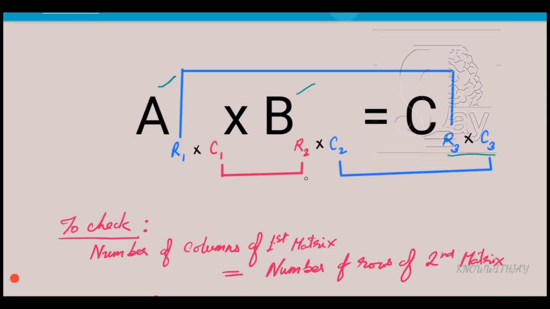In some cases they give you matrix B and matrix C and ask you to find matrix A. If you remember this, you can easily find the order of matrix A first, then go on to find matrix A. In some questions they might give you matrix A and matrix C, so you can easily find the order of matrix B, and then go on to find matrix B.